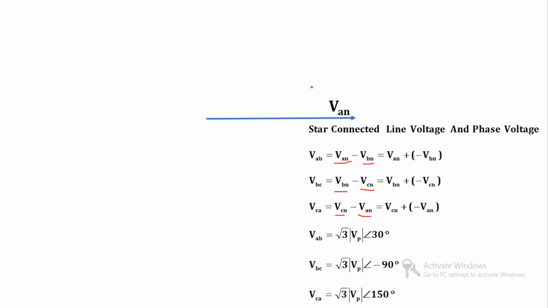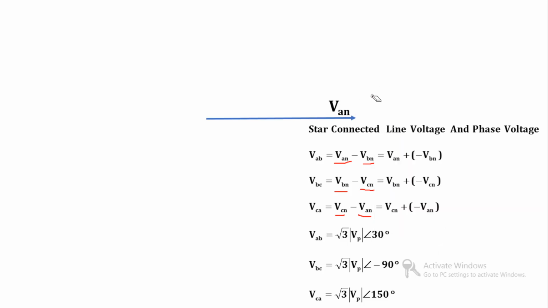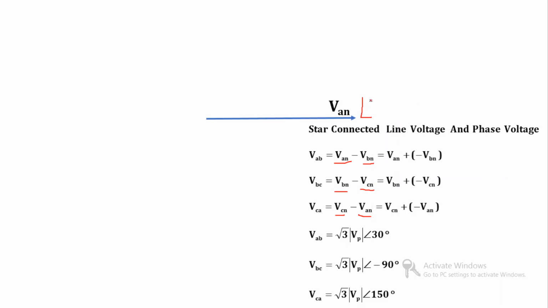I can draw the same phasor in the opposite direction, and that opposite direction phasor itself is known as minus VAN. So if this VAN is at an angle 0 degrees, its anti phase is at an angle minus 180 degrees. This is the minus VAN with the same magnitude but with opposite direction.